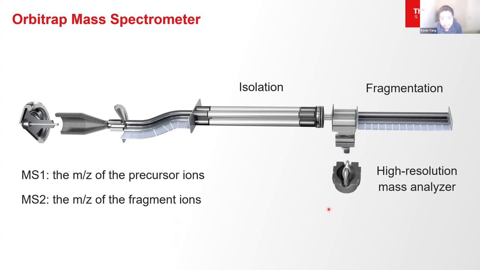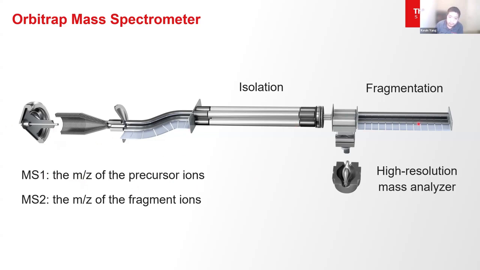Many of you have probably done proteomics before, but I just want to take some time to ensure we are all familiar with the fundamental data acquisition on the mass spec. Here, I use the Orbitrap mass spectrometer as an example. In bottom-up proteomics, you will first acquire the MS1, the m/z of the precursor ions, right?